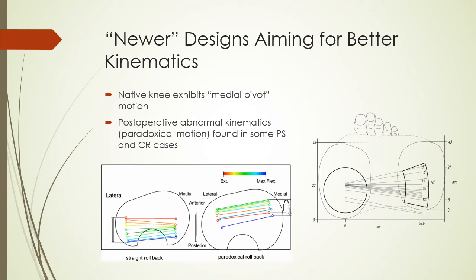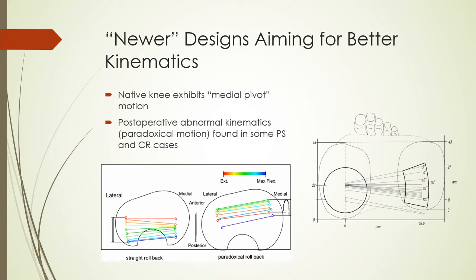However, if you look at the colorful images at the bottom, these show paradoxical rollback. On the left side, most implants show a straight rollback, maybe not even medial pivoting, but as you flex from extension to flexion, you can see the contact points on both condyles rolling back. That facilitates your flexion and your range of motion.